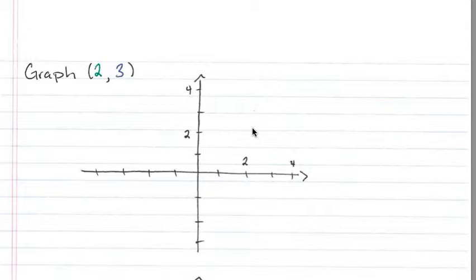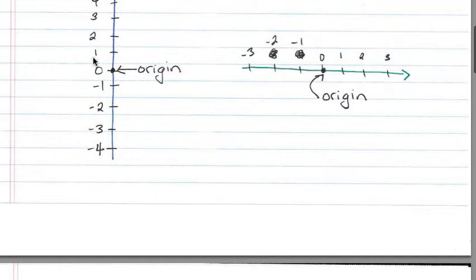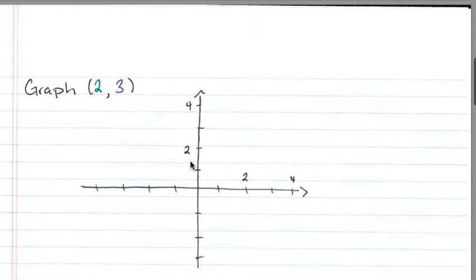Now notice that unlike up here where I labeled every single dash I put, I only labeled a few points here. I only labeled the 2 and the 4 here and the 2 and the 4 here. It doesn't really matter how many you label or how often, as long as the ones you do have labeled make it clear what all the other ones are. Like, you see there's just a dash here, then 2, dash, then 4.